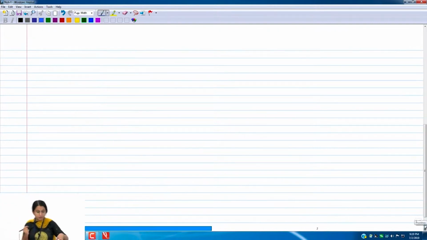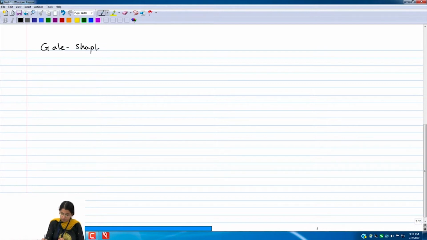The Gale-Shapley algorithm is not very different. I will not write the whole algorithm, just a sketch, because we have seen the complete algorithm yesterday and this is exactly the same or very similar.